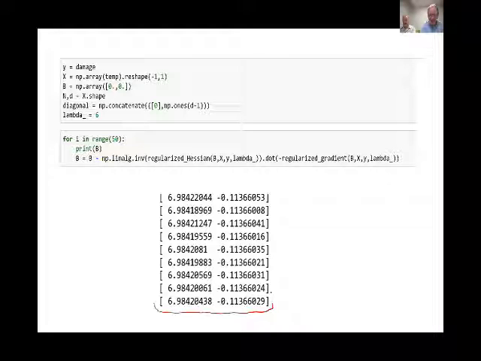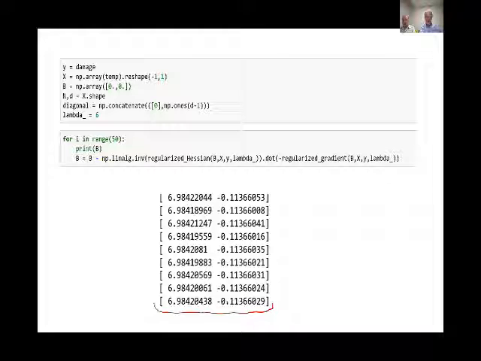Before, the minimum was at 15 or something, and now it's much smaller. Now the constant term is 6.98, and the other term is minus 0.11. So you're getting different minima. That's what happens when you regularize.